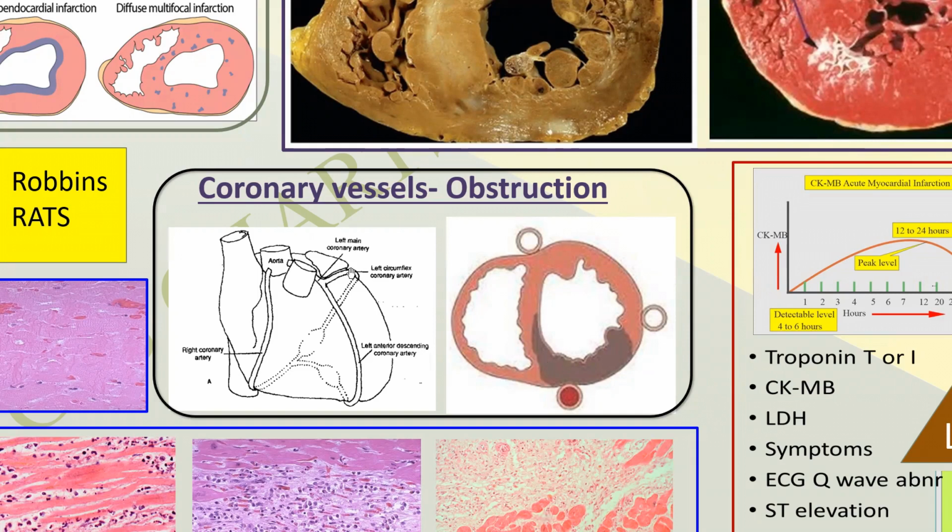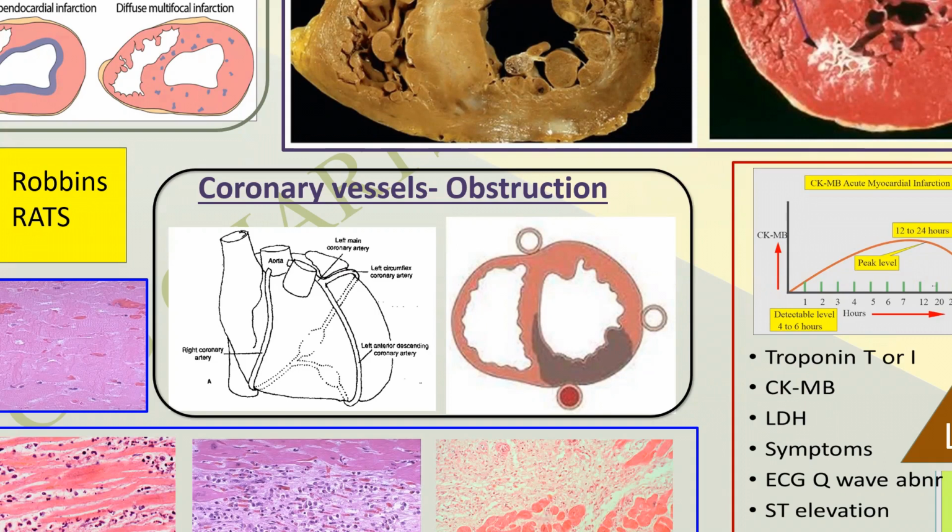If it is the left circumflex, the lateral part of the ventricle will undergo an infarct. Whereas if it is the right coronary artery, it will be the posterior 1/3 of the septum, the posterior part of the right ventricle and a little bit of the left ventricle that will undergo an infarct. So we shall keep this distribution in mind.